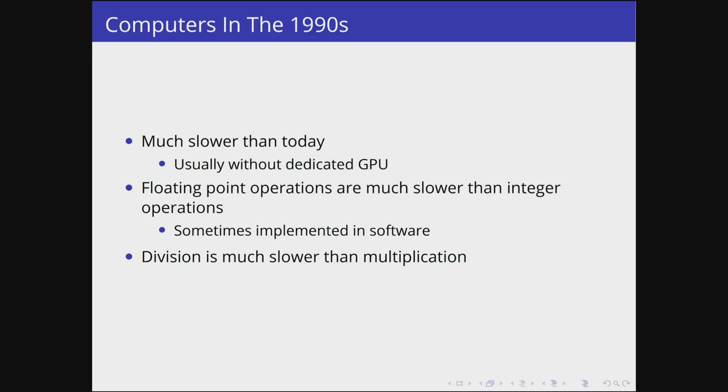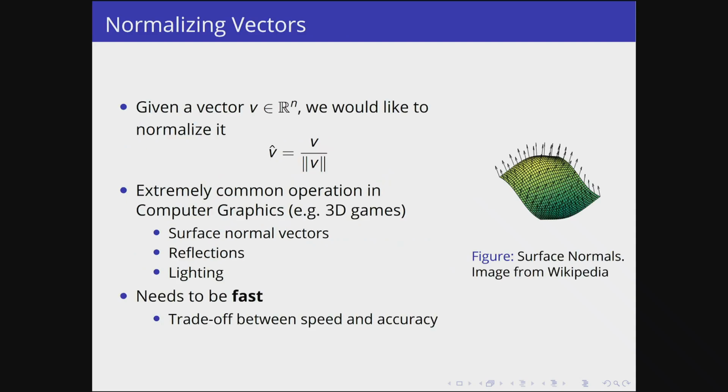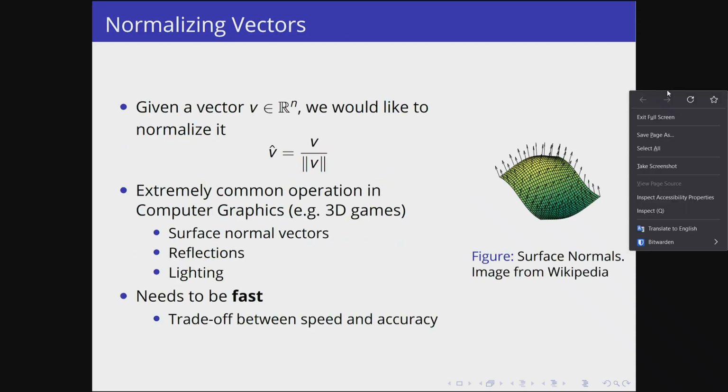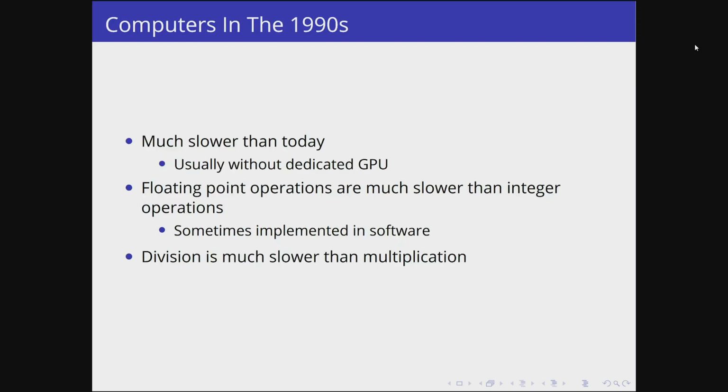So a lot of implementations of floating points required using software emulations, which is much slower than integer operations. And also, the most important thing, that division is an operation that is much slower than multiplication. Sometimes it can be even 5 to 10 times slower. So we want to avoid as much division as we can.